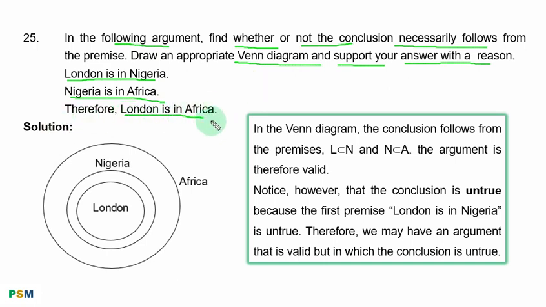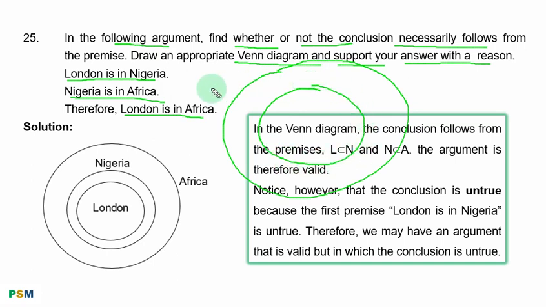Solution: let's start with Africa. That is the subset. Nigeria is in Africa. You have the second, then London is in Nigeria. You have it in this form.